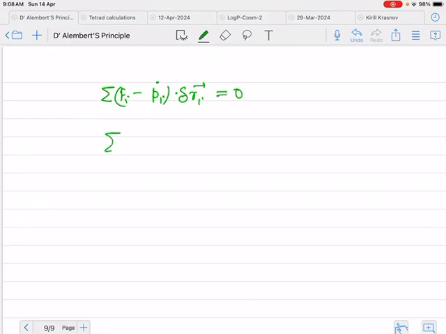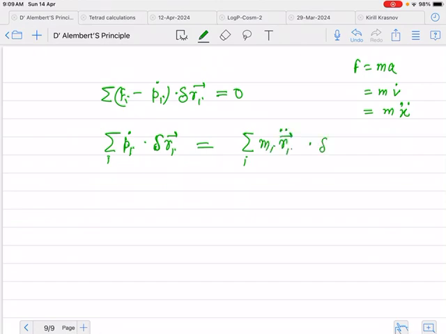We can write it as pi dot del Ri, which is equal to the force, and force we can write as mass into acceleration. Acceleration means velocity dot, and velocity means displacement dot. So it is mi ri double dot del Ri.